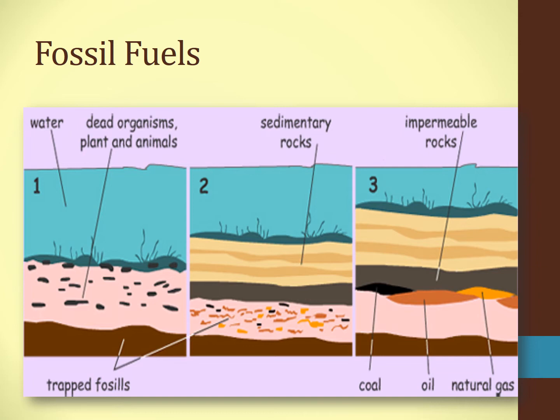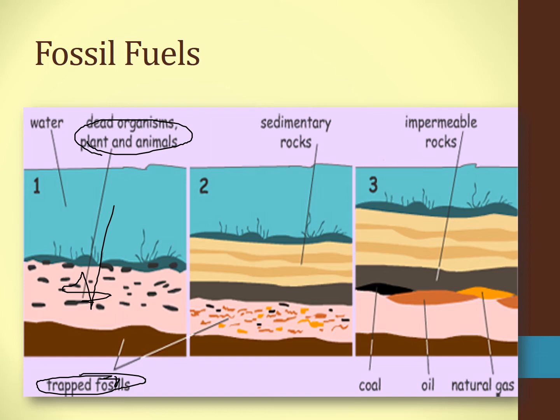But if you look here at the screen, you can see a diagram where they're trapping those fossil fuels under the ground. So here are all those dead animals and the plants underneath the soil, and then down far underneath you'll see those fossil fuels that are trapped.